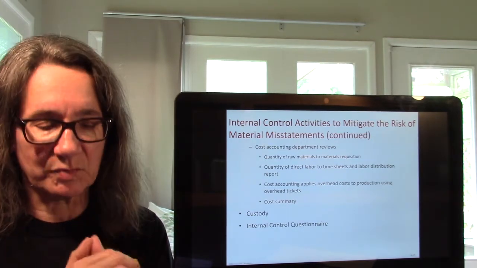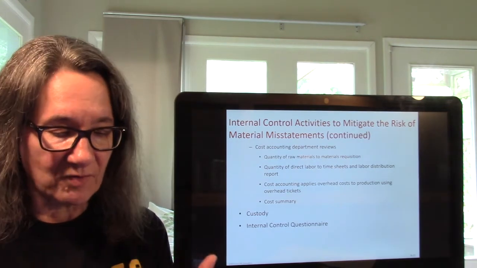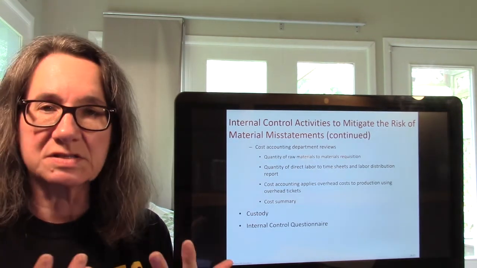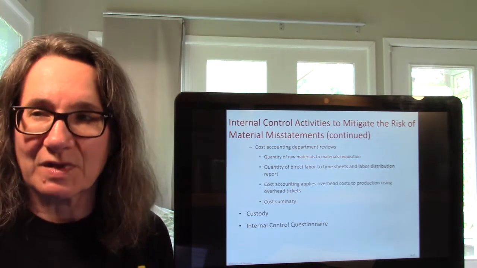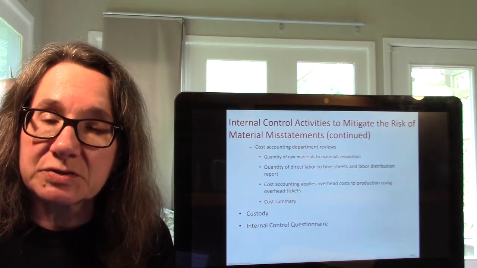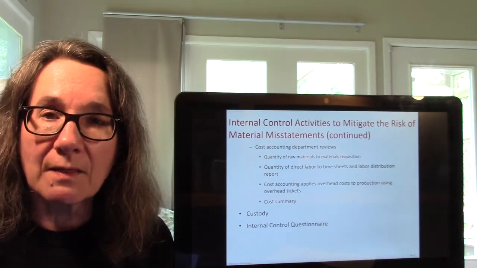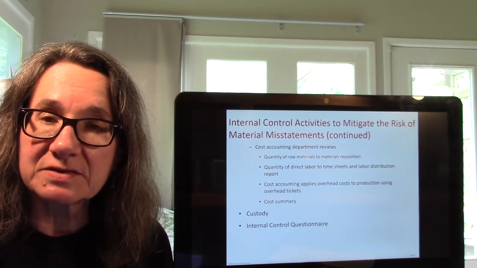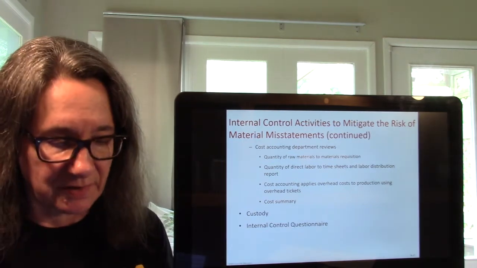So that's what those variance reports can help you find. The labor, the overhead, the cost summaries. Those can all help you as an auditor, because I know we think of it as managerial accounting, but the work in process goes on to become the finished goods inventory, which goes on to become the cost of goods sold. So it is financial accounting.